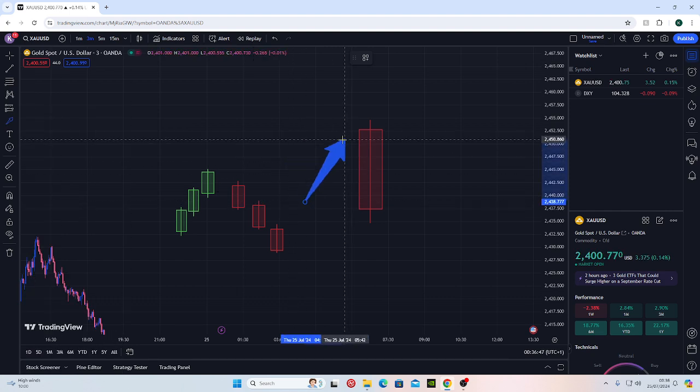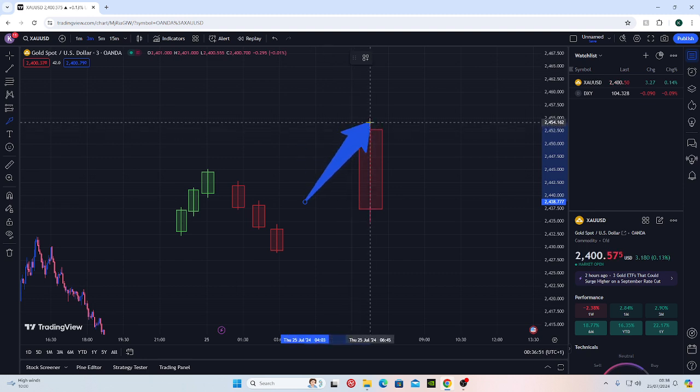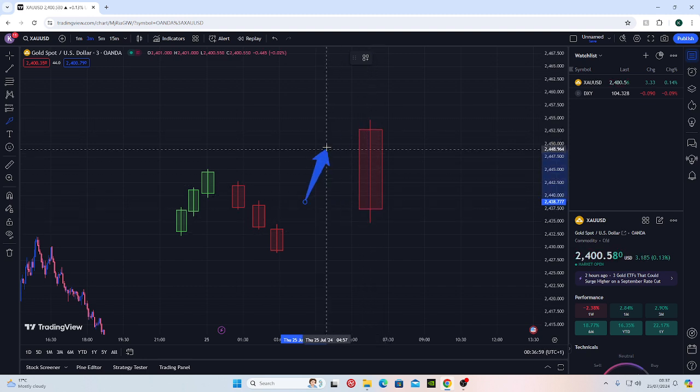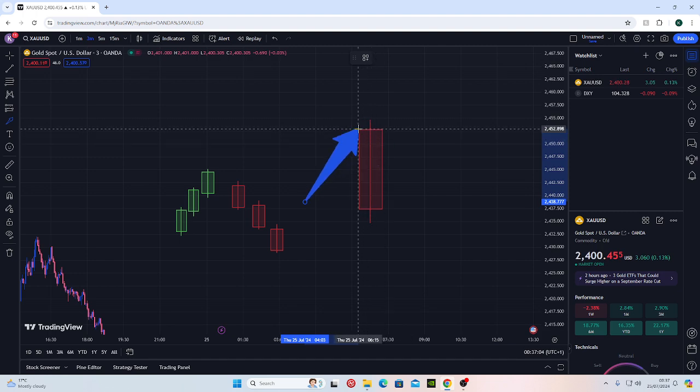All it means is that this was the highest that your candle went. So buyers pushed the candle all the way up, and then this was the lowest, sellers took it. This is the area in which price has opened, where the candle started, and this is where the candle finished.